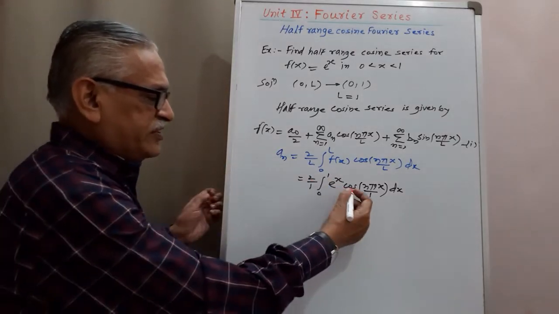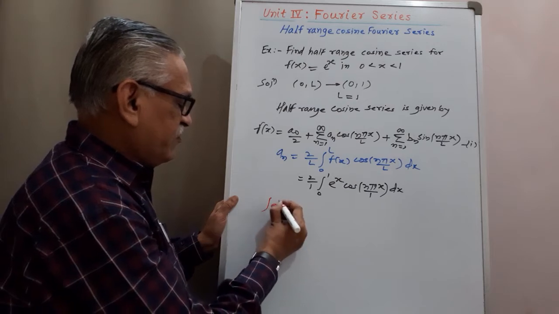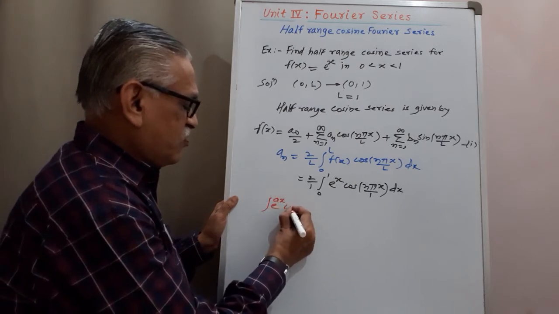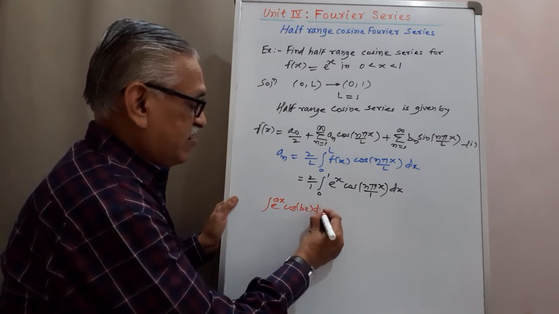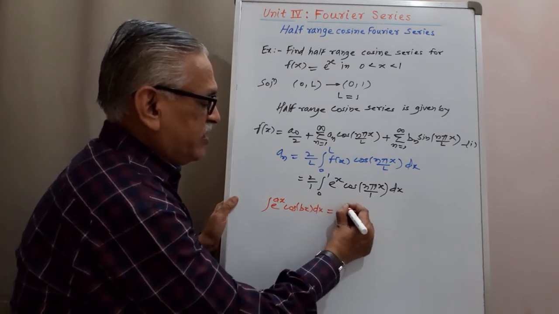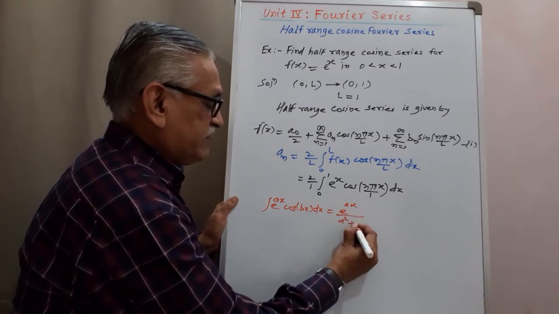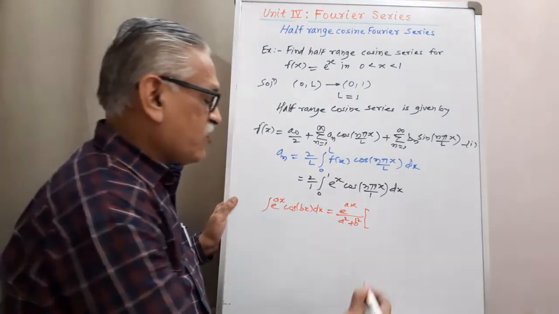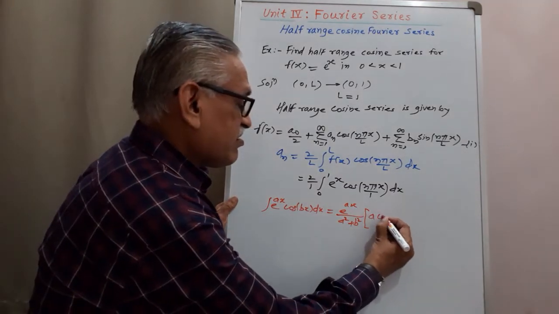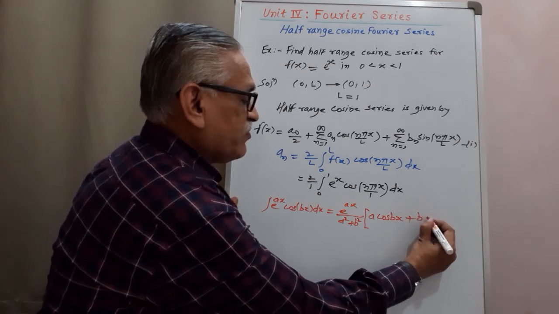To evaluate this integral, we have to apply the standard result of integration. We know that the integral of e raised to x cos of bx is e raised to x divided by a square plus b square into a cos of bx plus b sin of bx.